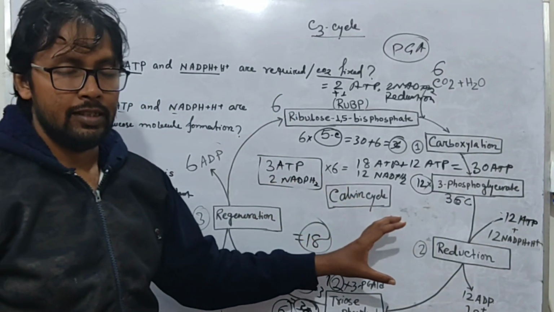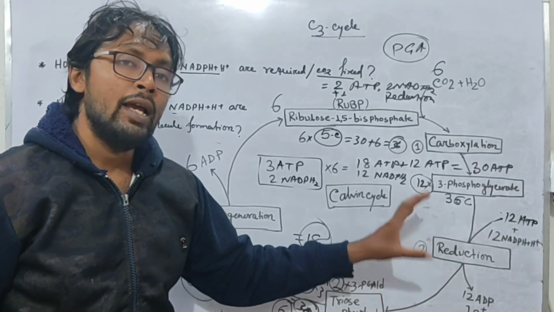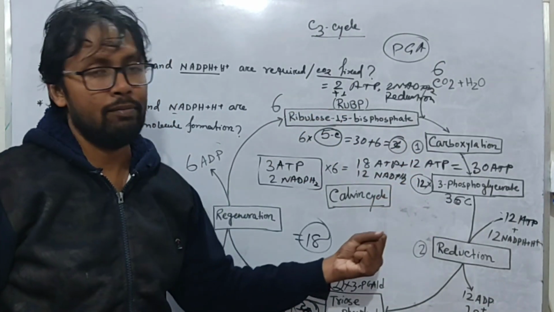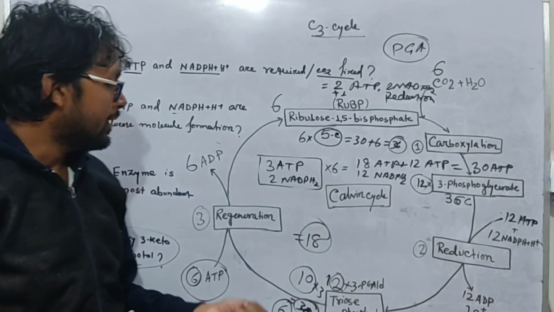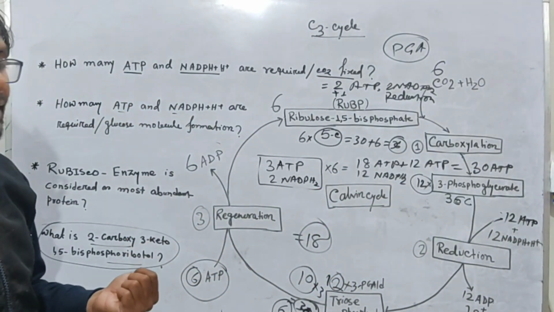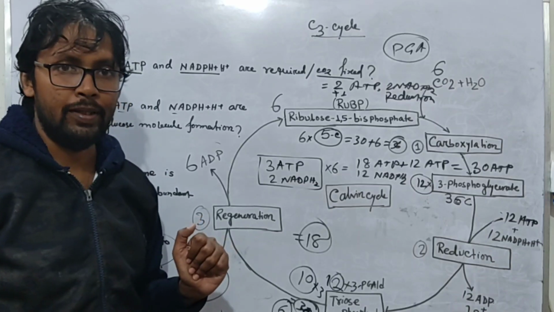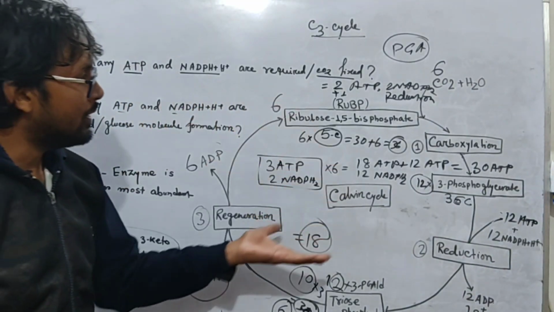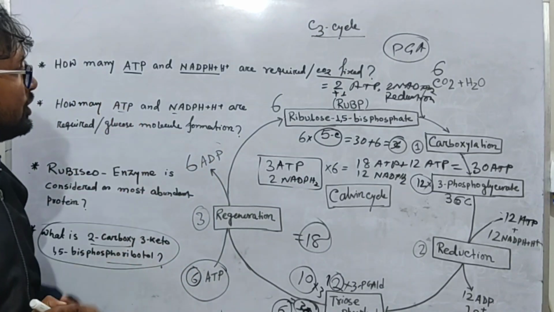During reduction, for each glucose formation it is 12 and 12, but in case of regeneration it is only 6 ATP, and 0 NADPH. This way you have to remember the C3 cycle.